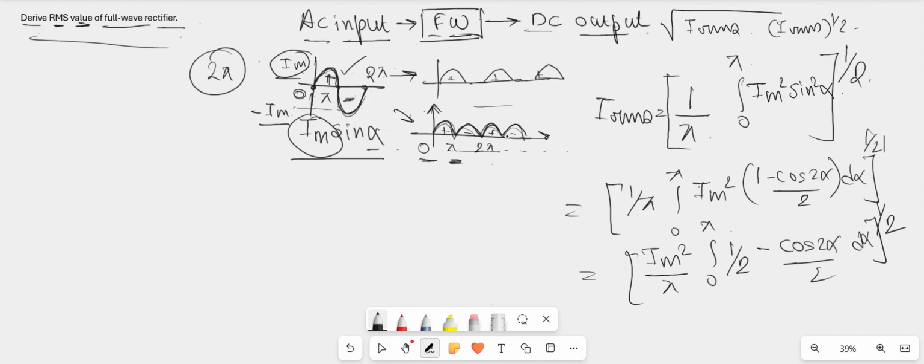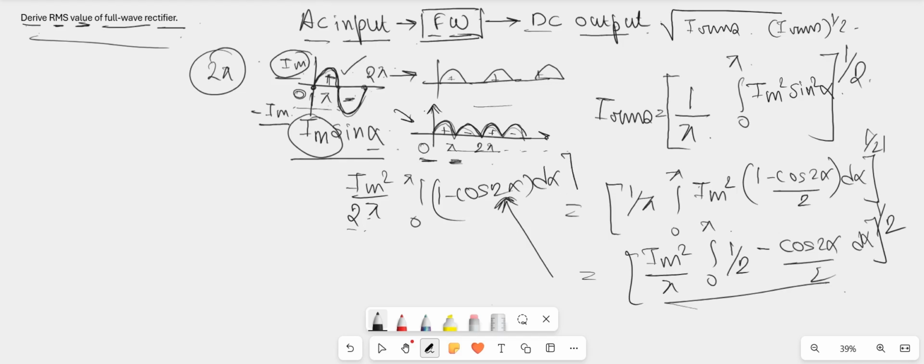Now we perform the entire integration. Im square by pi, integral from 0 to pi of 1 by 2 minus cos 2 alpha divided by 2. One thing we can do here is take 1 by 2 common. So we get Im square divided by 2 pi, integral from 0 to pi of 1 minus cos 2 alpha d alpha, to the power half.